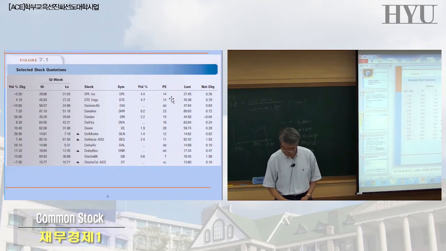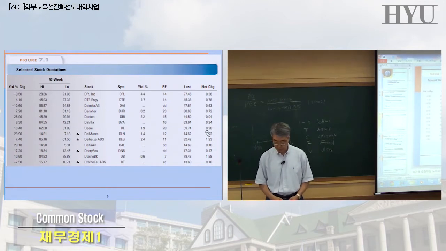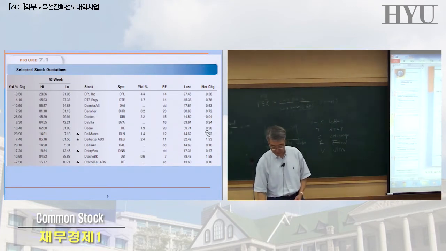All right. And then the last column says net change. Net change is simply the change from the previous session. So by looking at this, for DPR stock, the closing price in the last session was $27.45. The net change was 0.26.